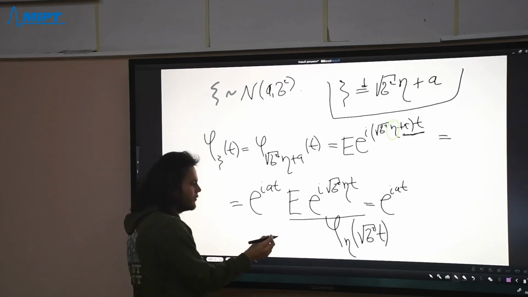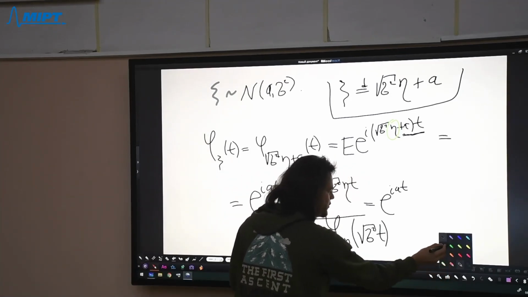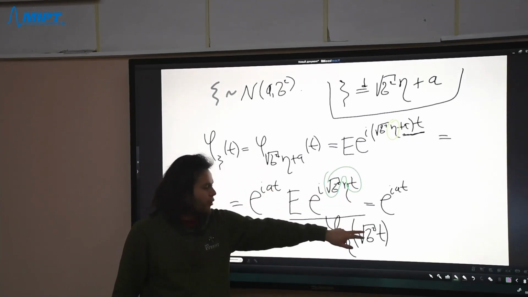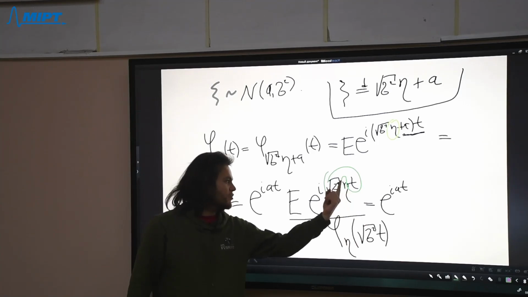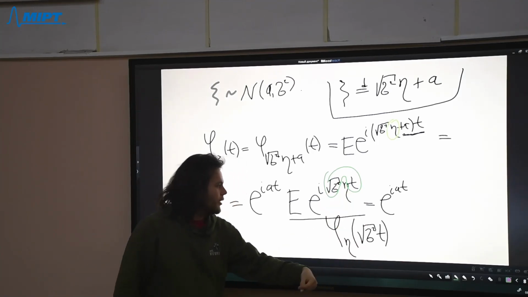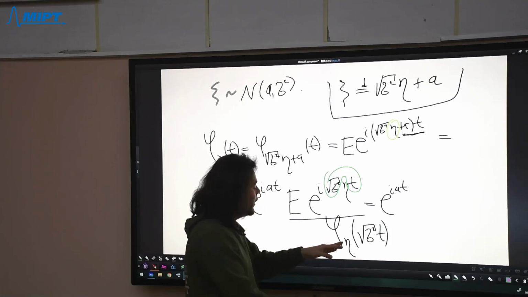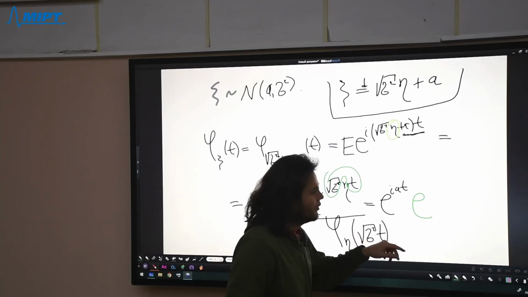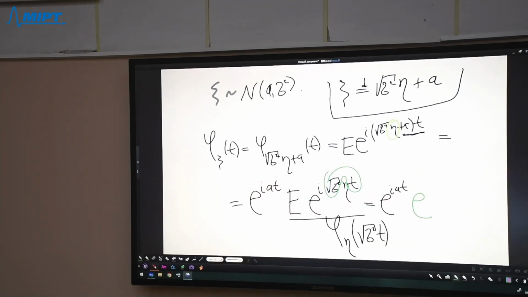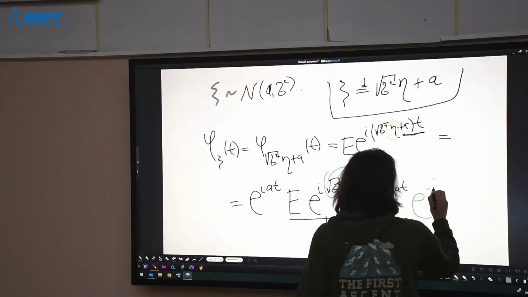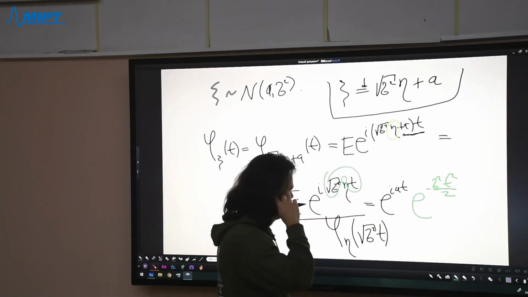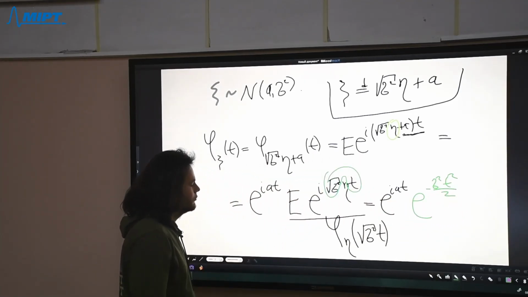We can take these two things together, and instead of writing t here, we just write t times the square root of sigma square. And we know that the characteristic function of this is e to the minus t squared over 2. So minus sigma square t squared over 2. That's it. This is the answer.